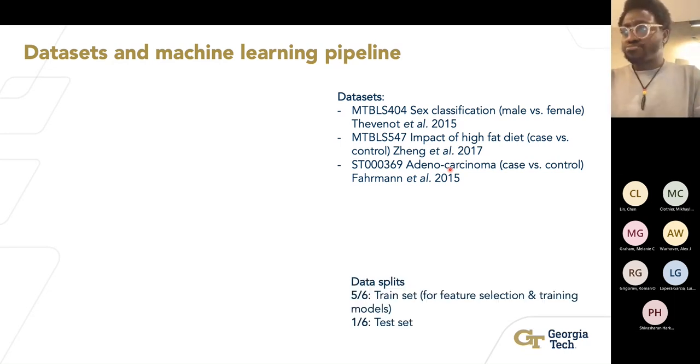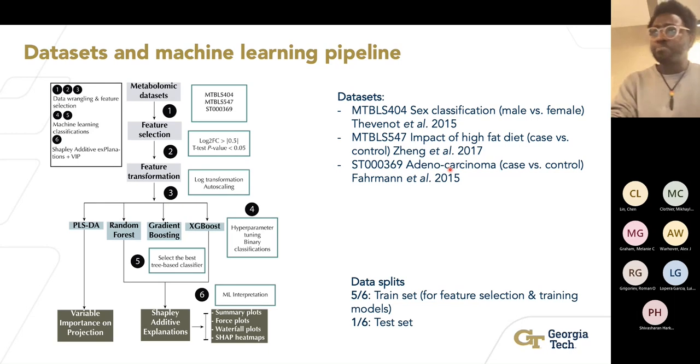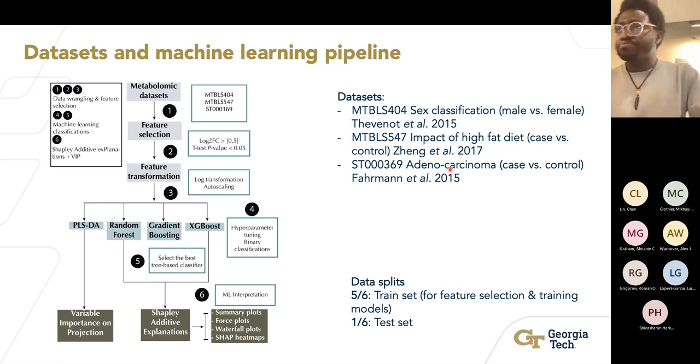Okay. So that's the data split for the training set and the test set. And the machine learning pipeline, the workflow, is very similar to what we've seen previously. We do feature selection with t-tests, fold changes, and transform features.